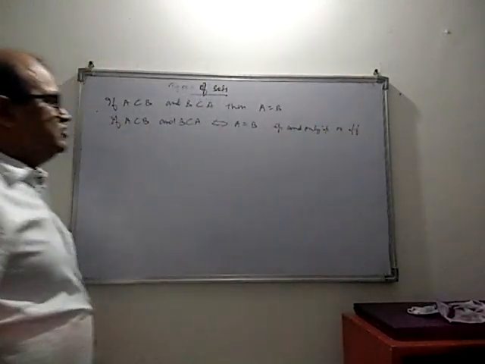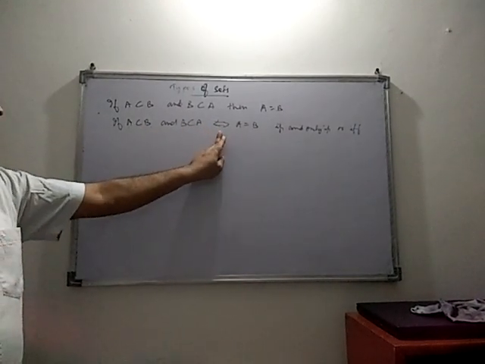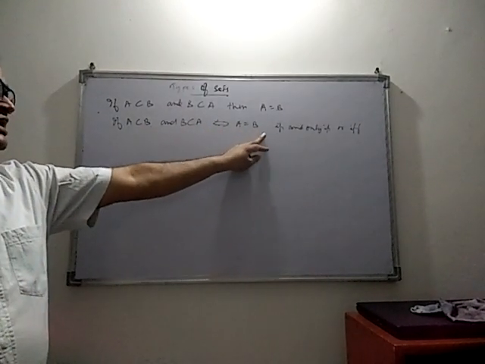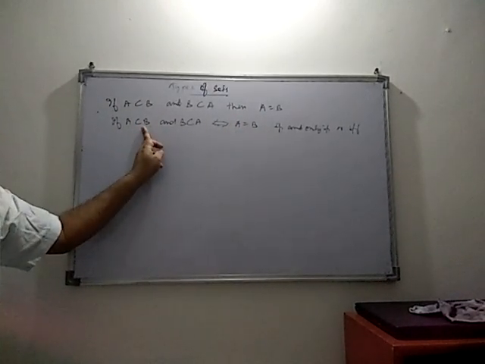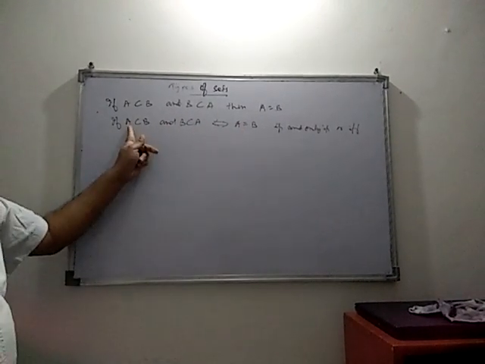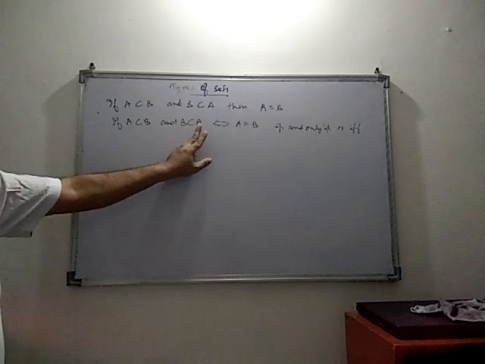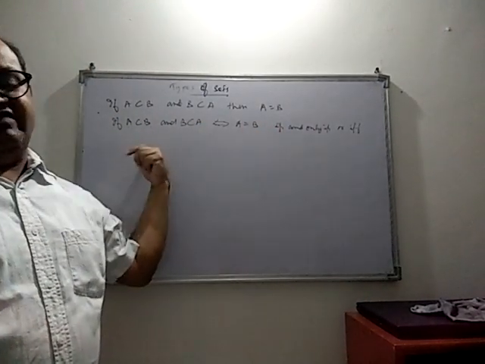So, if A is a subset of B and B is a subset of A, that double implication gives A equals B. That is, A is a subset of B and B is a subset of A if A equals B, and vice versa.